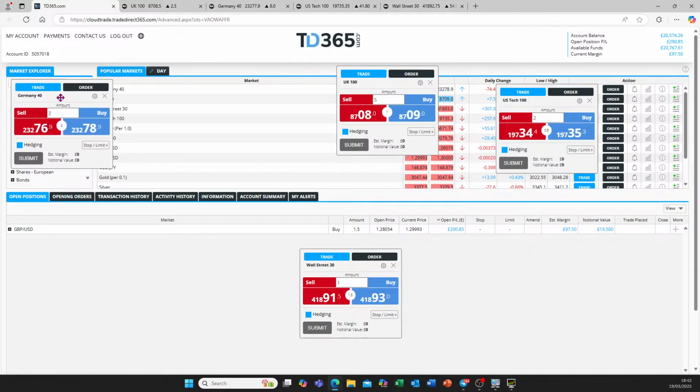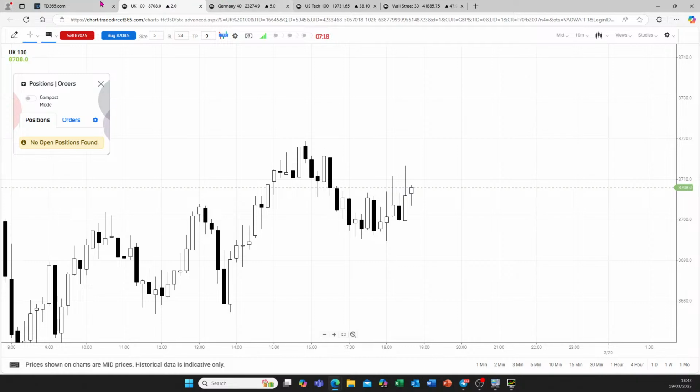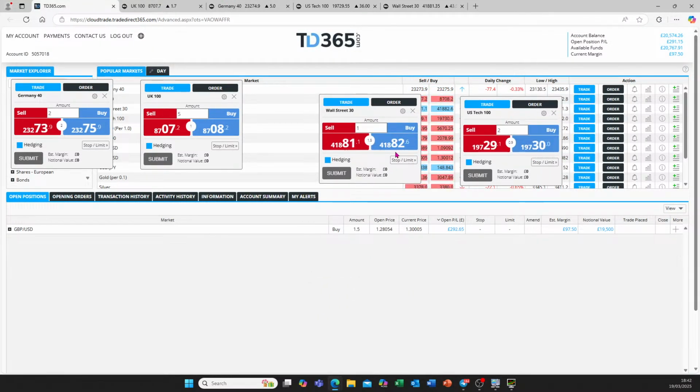So if I just put these over here, 903 and 741. You don't have to trade this in big size.